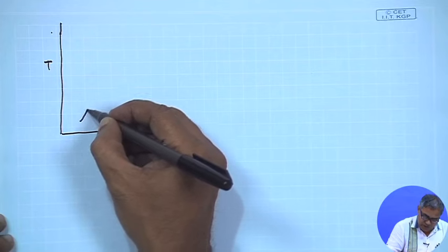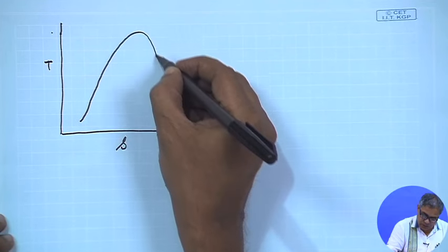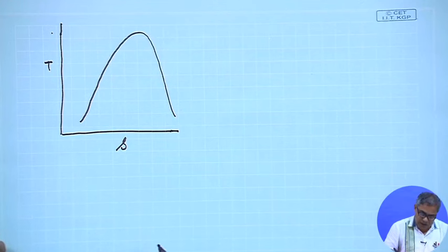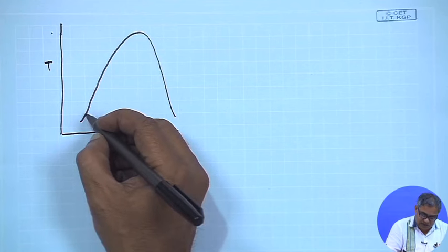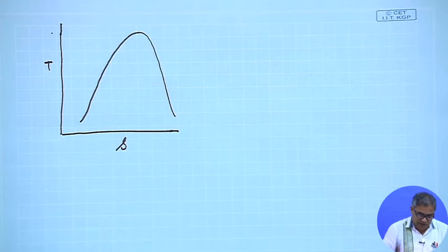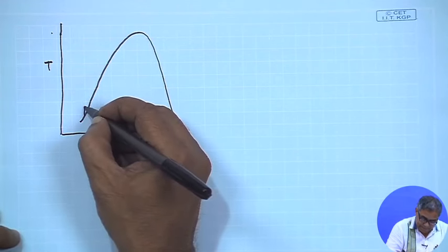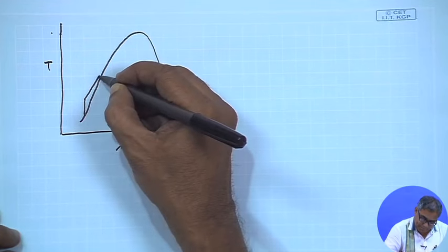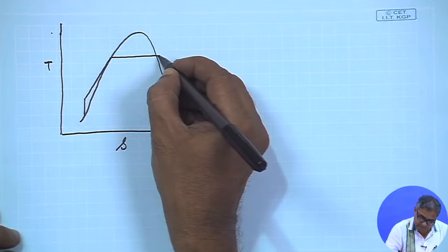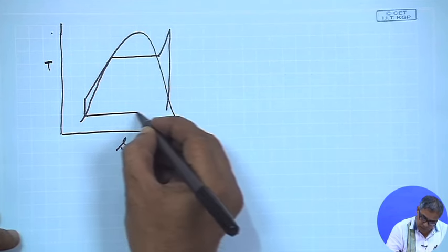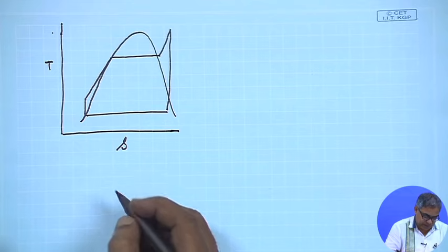This is the two phase dome, because during the working of the Rankine cycle, at some part of the cycle the working fluid is liquid, somewhere it is a mixture of liquid and vapor, and somewhere it is vapor. So, we will have this kind of a figure.